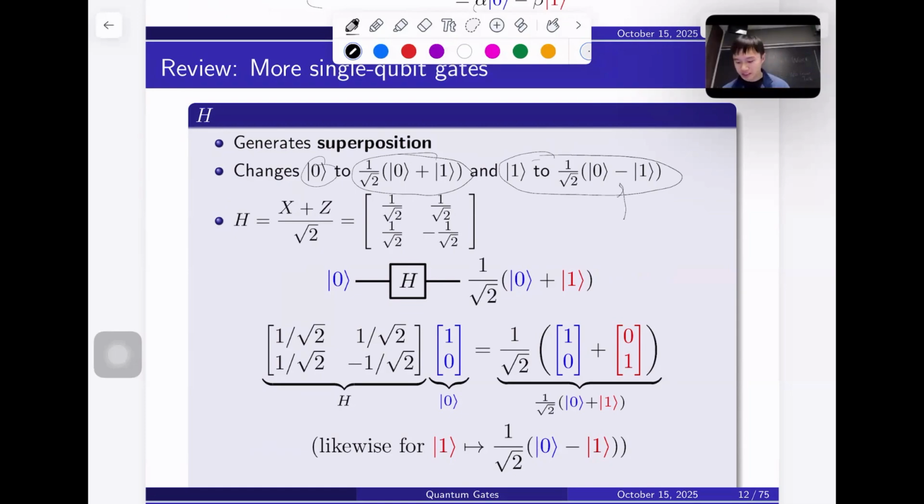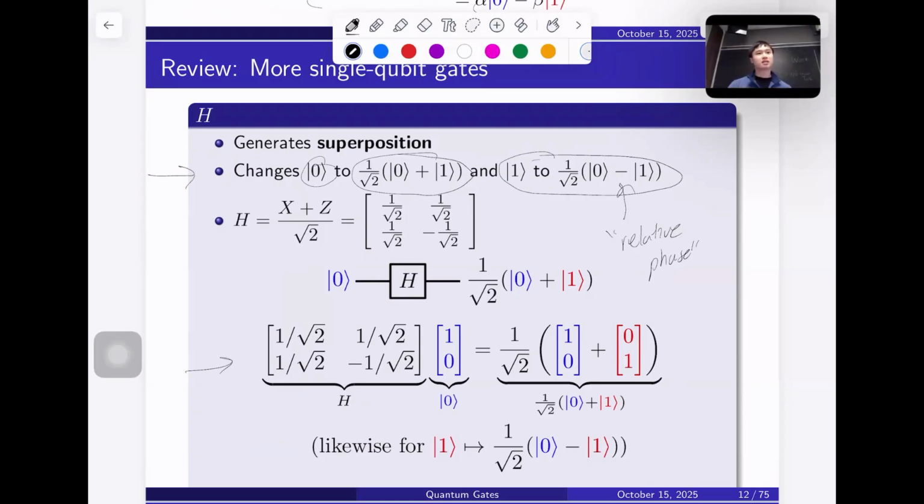But you'll notice that the sign, or the relative phase as we call it, is different. So this is a matrix representation. And I guess these two identities at the top are pretty useful to remember because we'll be using the Hadamard a lot.